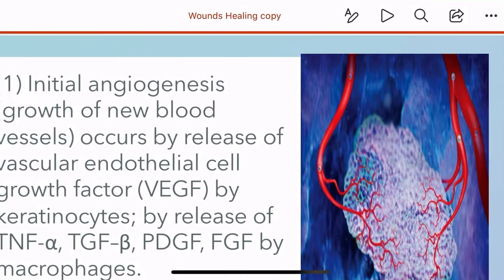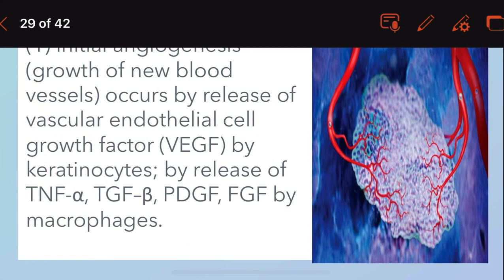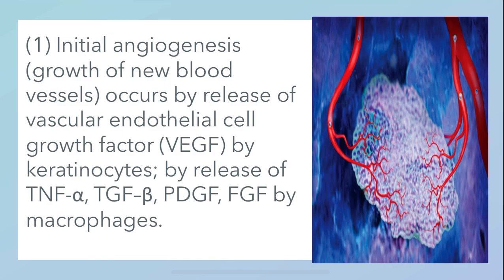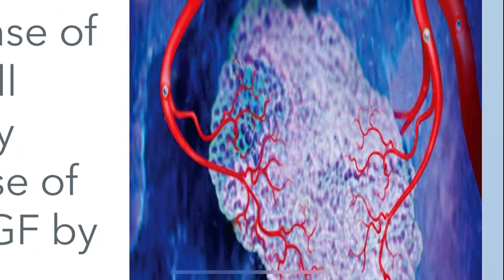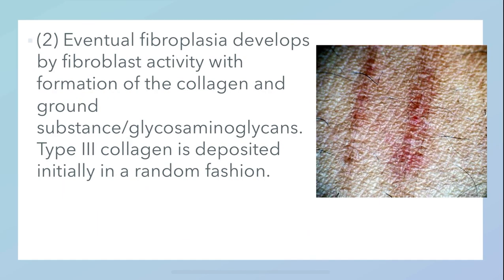So these result in angiogenesis, the growth of new blood vessels. Two cell types play a role in the formation of the new blood vessels, keratinocytes and macrophages, which release these factors that help form new blood vessels to the injured site.